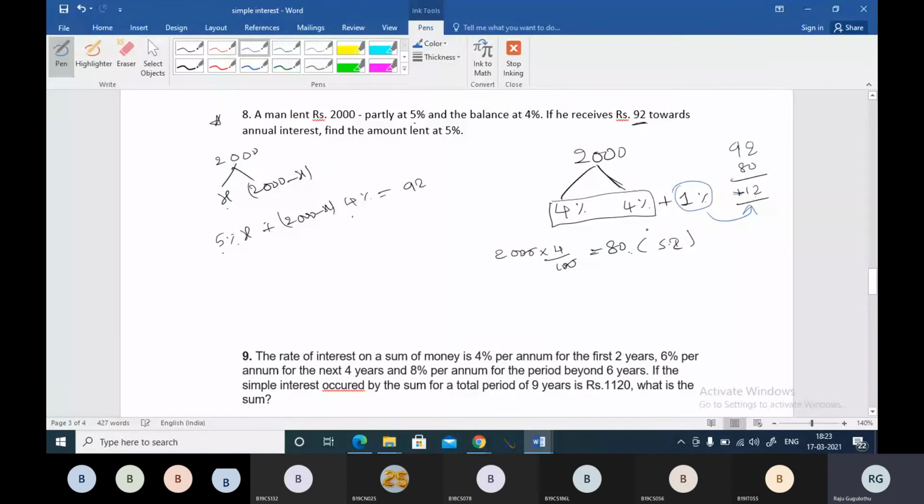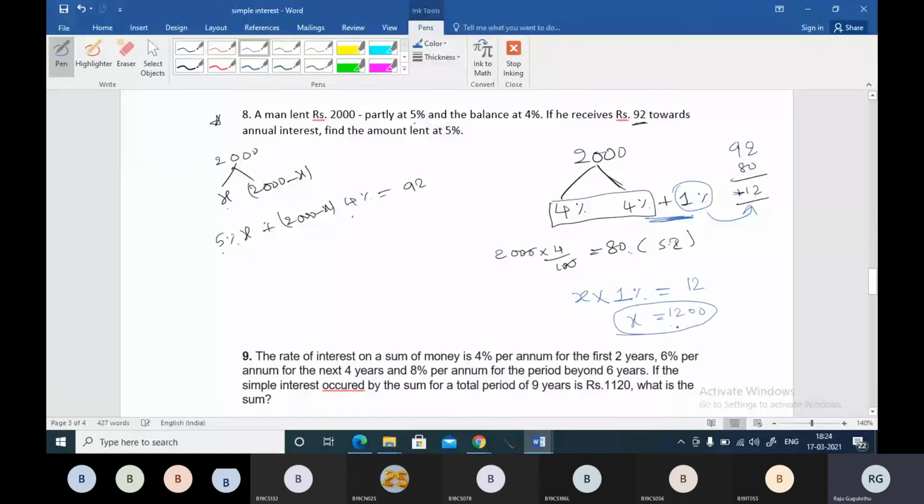So let us say x is that part. x's 1% is 12 rupees, boss. This thing you will have to catch. If this part is x, then x's 1% will be 12 rupees. 1% is nothing but 1 by 100, so x will be 1200.